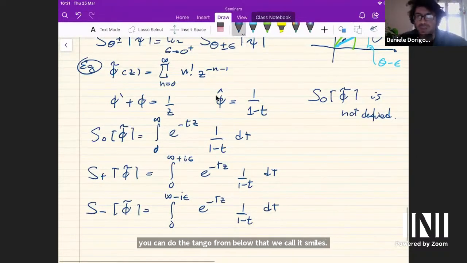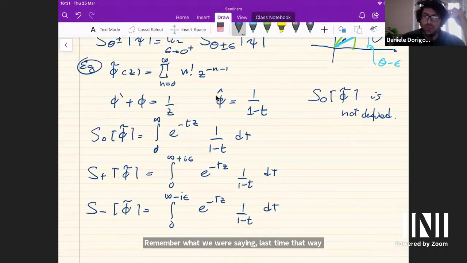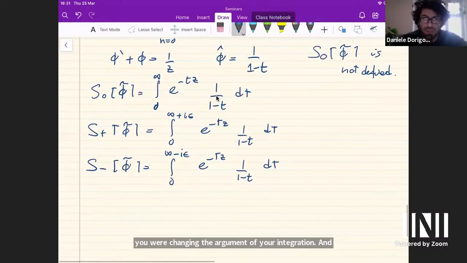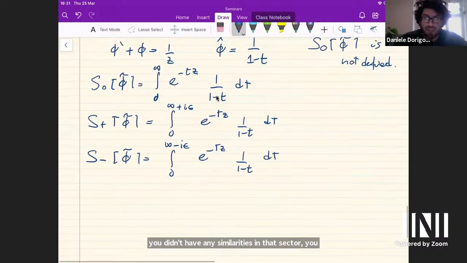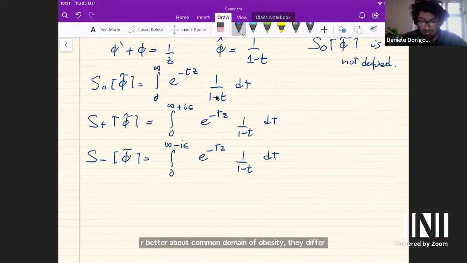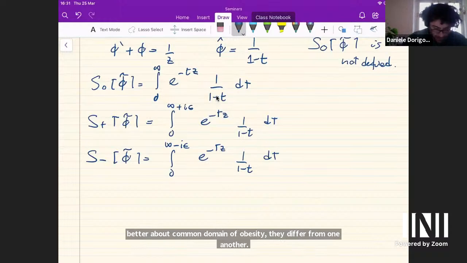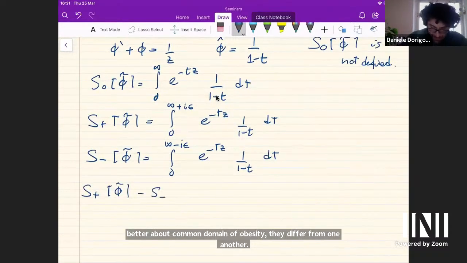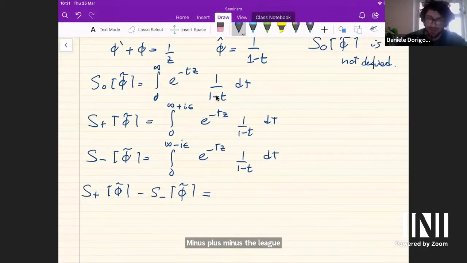And remember what we were saying last time, that whenever you were changing the argument of your integration and you didn't have any singularities in that sector, you were giving an analytic continuation. In this case, that is not true. S plus and S minus, although they have a common domain of analyticity, they differ from one another. S plus minus S minus is a little exercise. I'm not even going to write it down for you as an exercise.